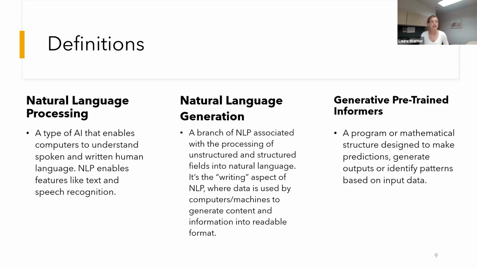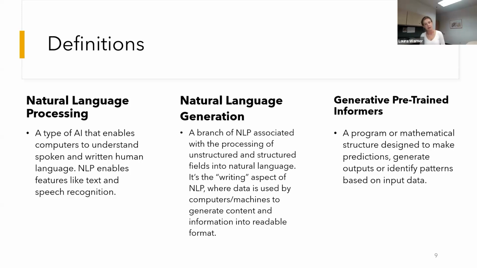Okay, so natural language processing, you might hear somebody say NLP, and that's a type of AI that enables our computers to understand spoken, like voice prompts, and written human language. So the Alexa, the Siri, the writing into ChatGPT, and it enables features like text and speech recognition.